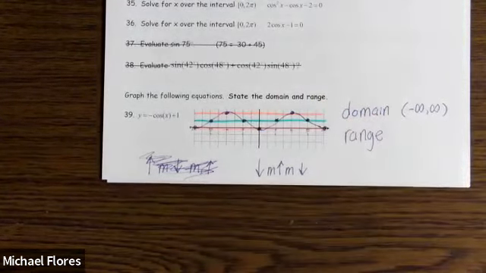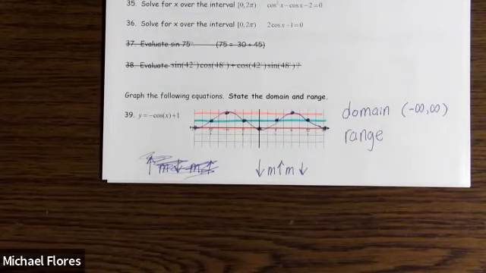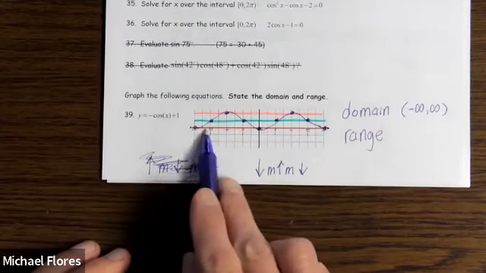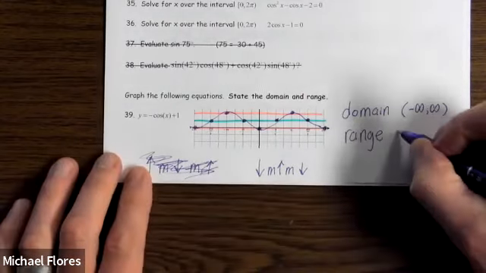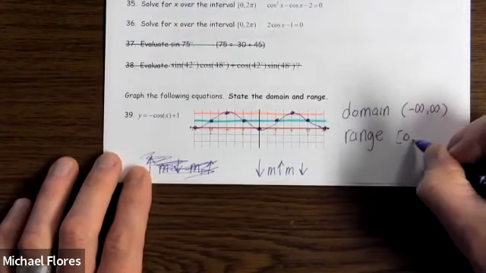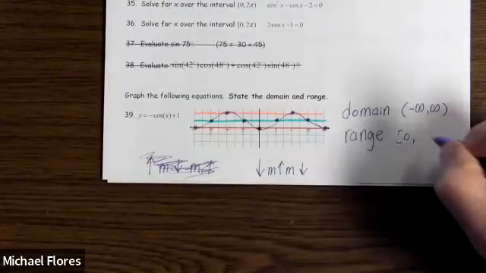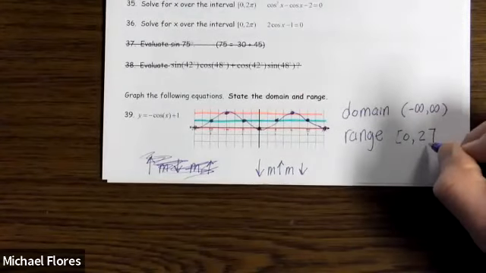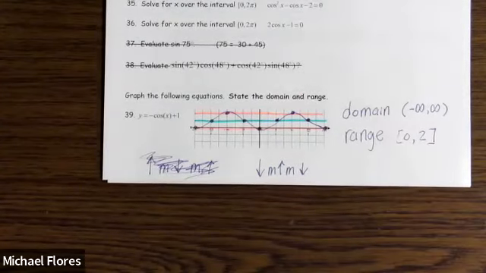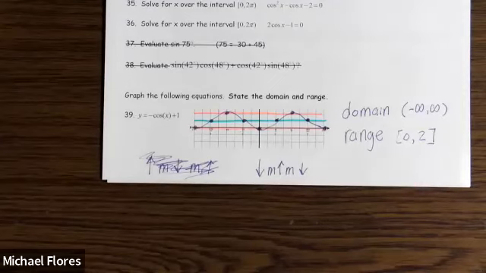I'm going to show you 2 ways to find your range. If you're able to graph or look at a graph, that's the easiest. Just look at where your top and bottom bumpers would be. So this is going through the y-axis at 0. And it's going through the y-axis at 2. Now, what if we don't have a graph? What if it just gives us a function and tells us to find the range?